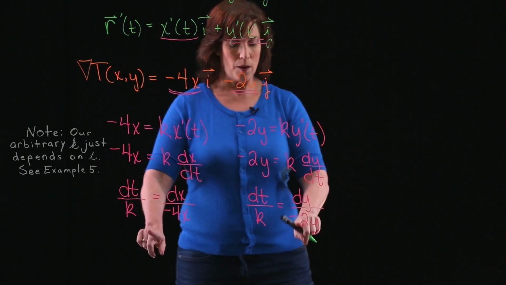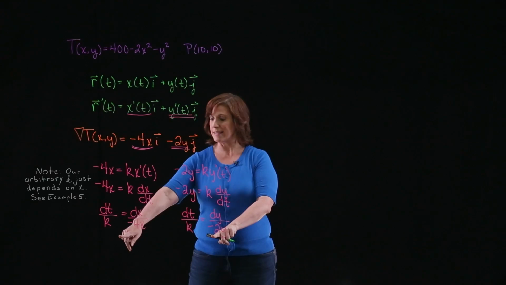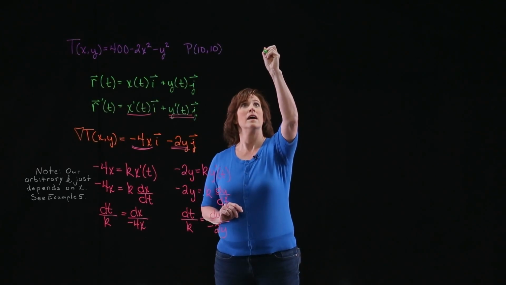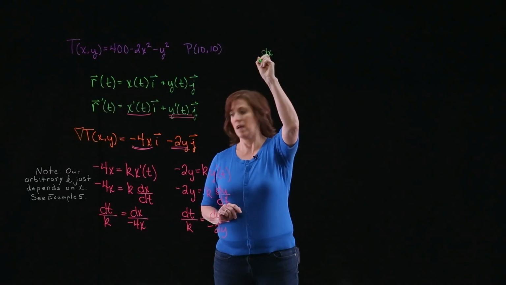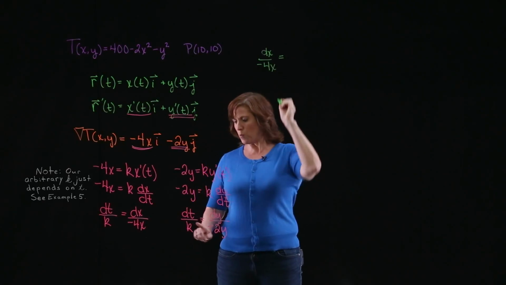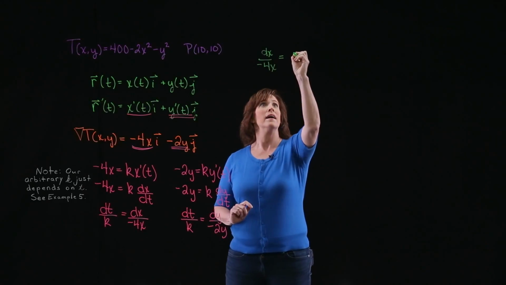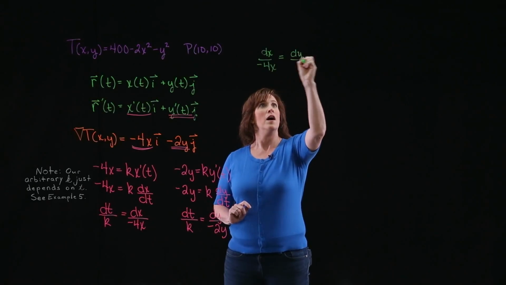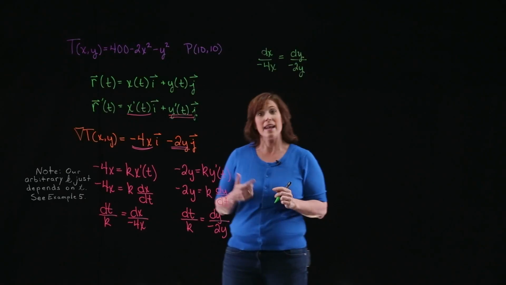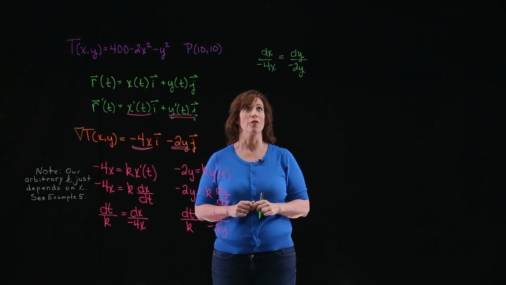Okay, what I notice from these two equations is that I can now say that dx over minus 4x is equal to dy all over minus 2y. And I have a differential equation that I can solve.